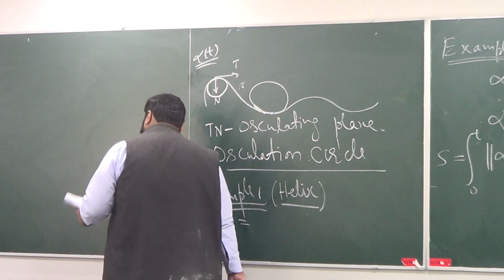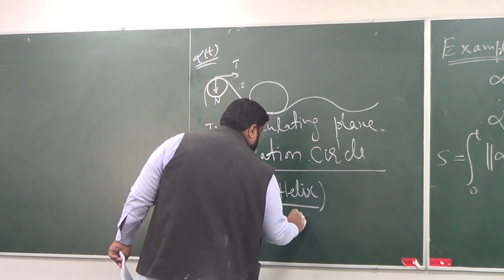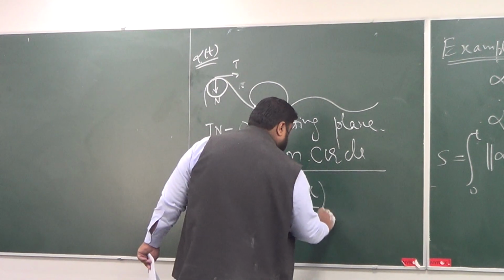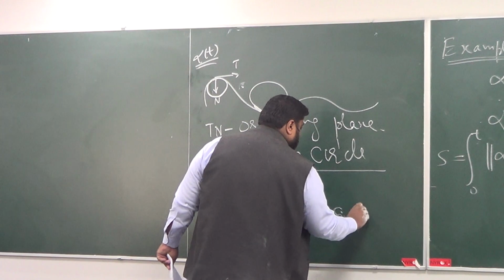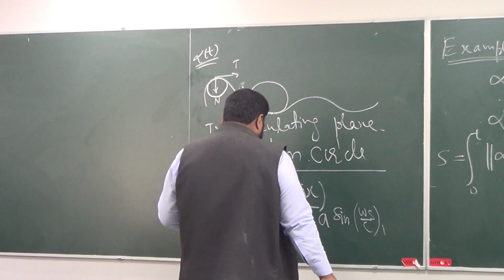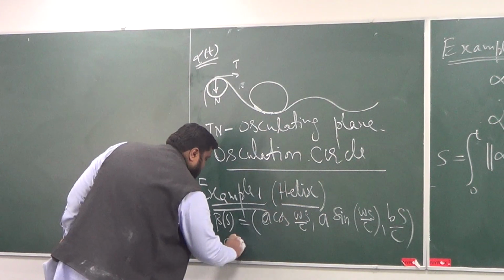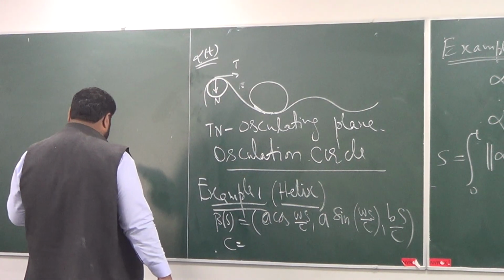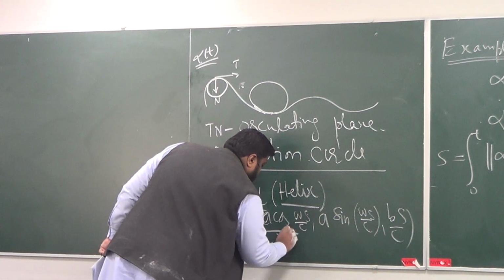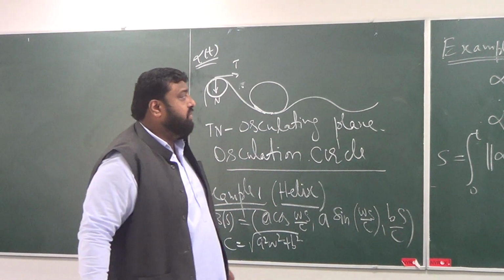So beta of s is a cos(omega s over c), a sin(omega s over c), b s over c. This is what we computed. And c is what? C is the square root of a squared omega squared plus b squared. Okay? So in the last lecture we computed this.